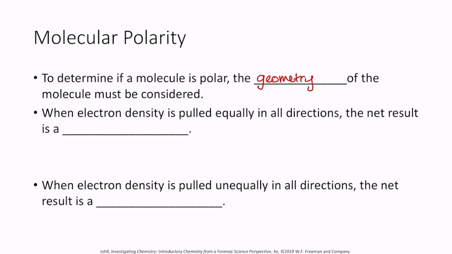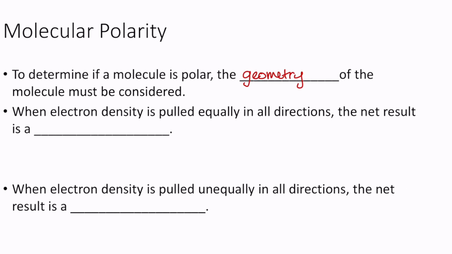So when the electron density is pulled equally in all directions, another way of saying that is electrons are shared equally. The result is a nonpolar molecule.